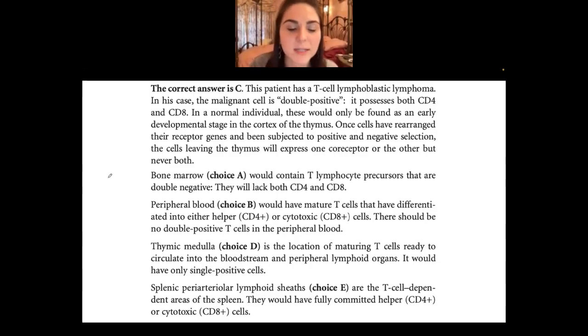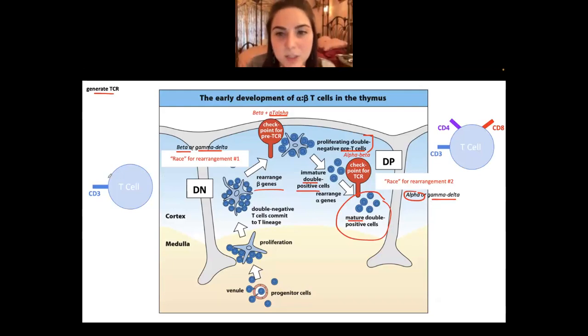Does that make sense? Go back to that slide. Actually, we can do it right now. We have some time. Like I said, I really like this slide. I just think it has everything on it that you need to know. That's where your double positive cells are still up in this cortex. Technically, the double negative ones are too, because they're coming from the bone marrow. They have to get to the cortex.